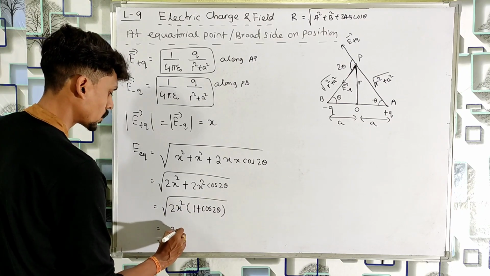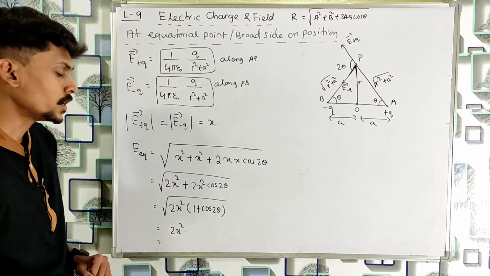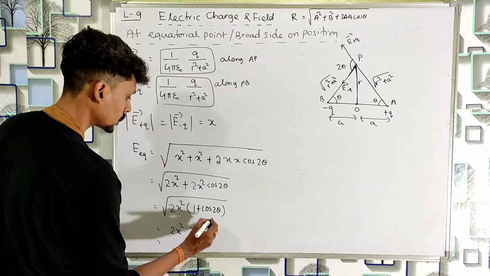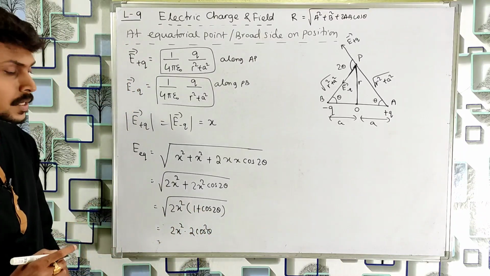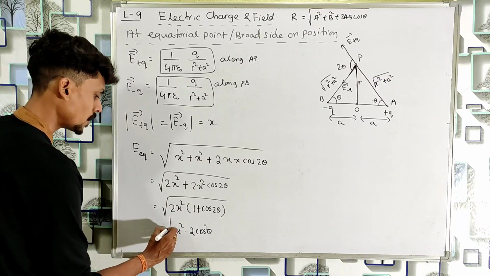This is equal to 2x square into 1 plus cos 2 theta, which is 2 cos square theta, and here we have a square root.